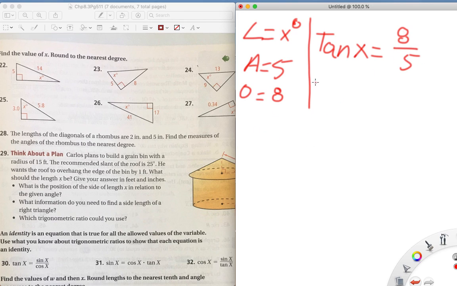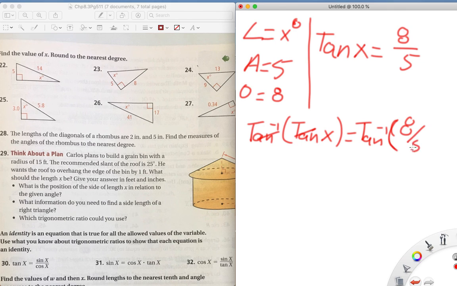When I solve, I'm going to inverse tangent both sides. Again, you don't have to write this part if you don't want to. This is just to show you where this is coming from. The inverse tangent and the tangent cancel. What I do on one side, I must do to the other to maintain the equal sign. So x is equal to the inverse tangent of 8/5.